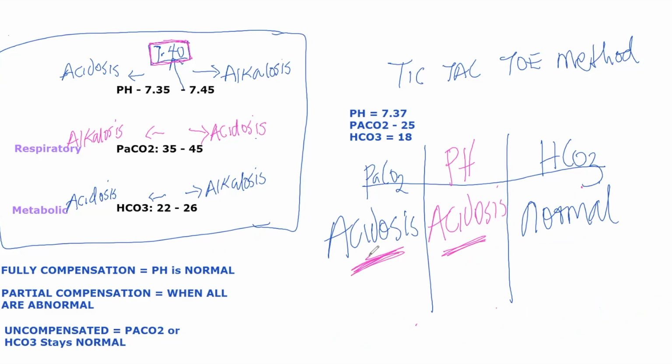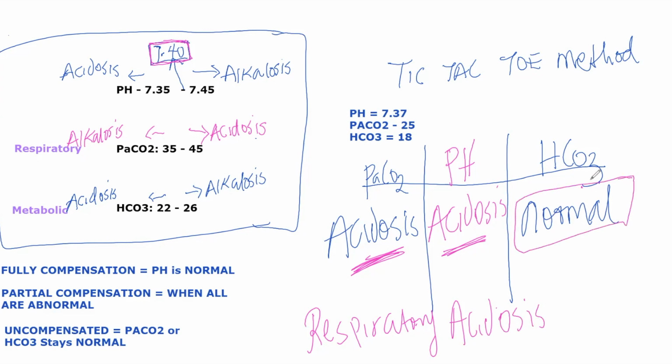So I have a respiratory acidosis. And what kind of compensation? Uncompensated. Because again, my HCO3 is the one this time around saying, I don't care. I'm going to stay normal. I'm not going to move. I don't want to compensate for you guys.